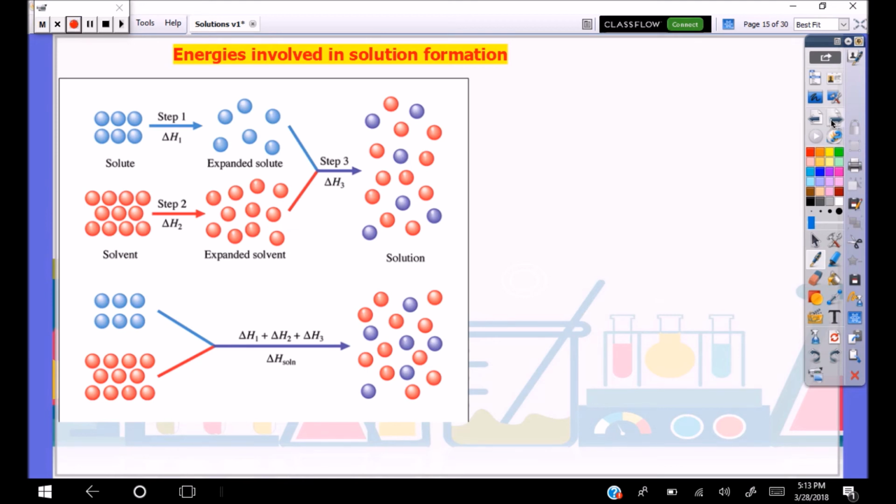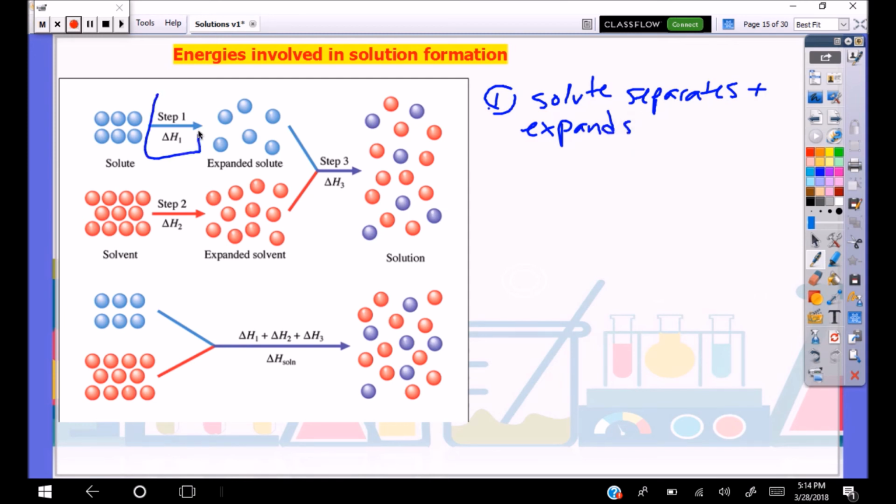And so what we need to do is look at the solution process itself. Our first step to forming a solution, like I said, we've got solute separating into its individual parts. So we have to expand our solute, right? So solute separates and expands. That's the first step, and that would be our first energy, right? Step 1.